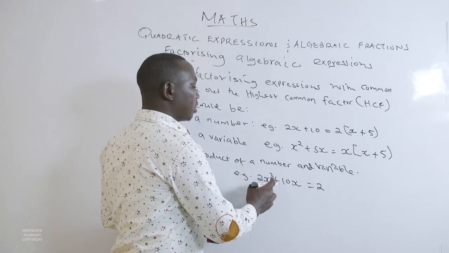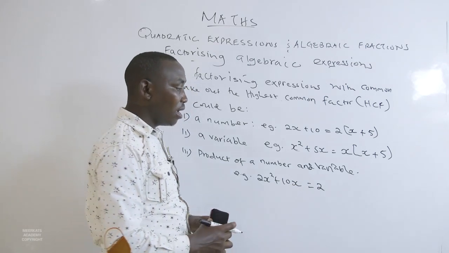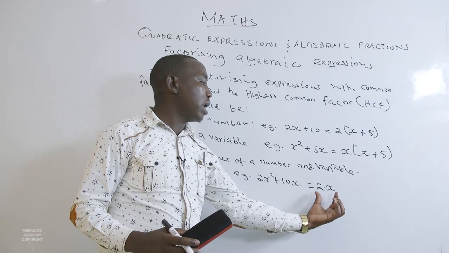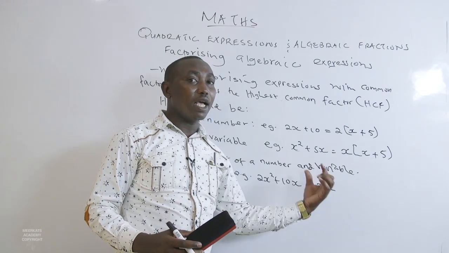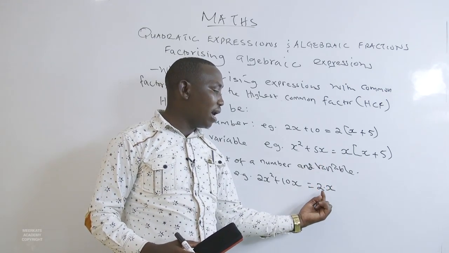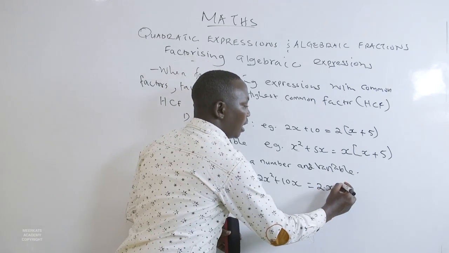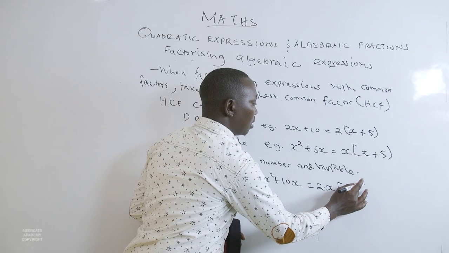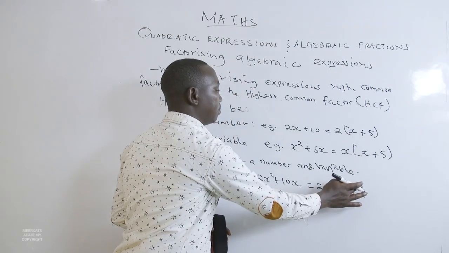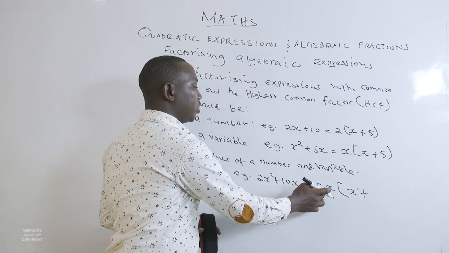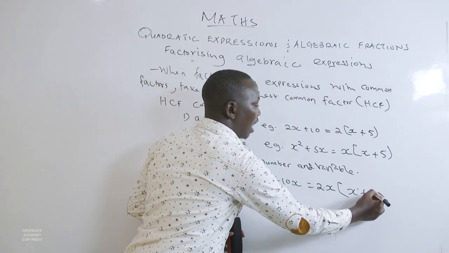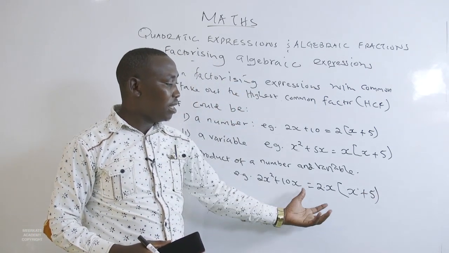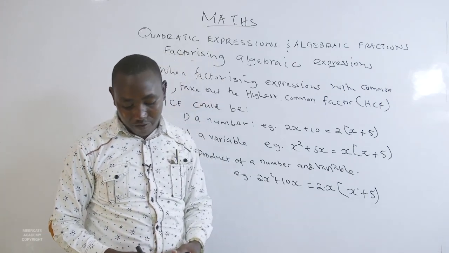Then again, x is another factor. So we shall take 2 multiplied by x. So it's a product. The highest common factor has become a product of a number and a variable, 2x. 2x goes into 2x squared x times plus 2x goes into 10x 5 times. So you can now clearly see that it's a number and a variable.